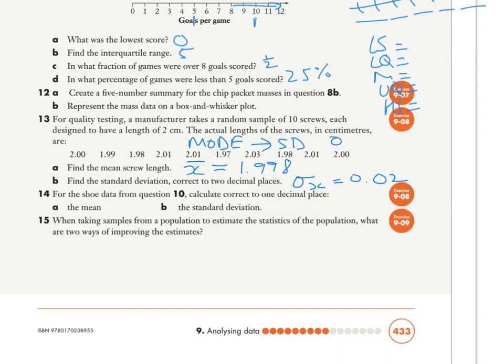Now 14, the shoe data from question 10. Okay, now it's in a table, so again we'd clear our data, so second function alpha, and then we would use stow.